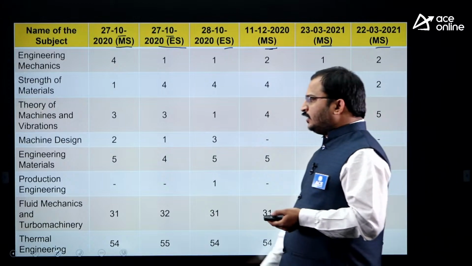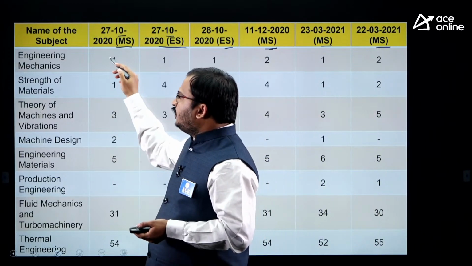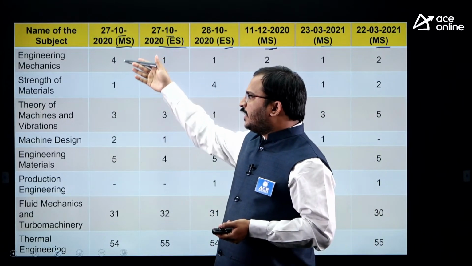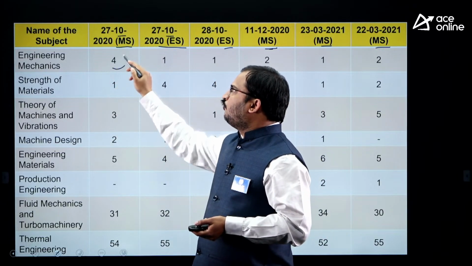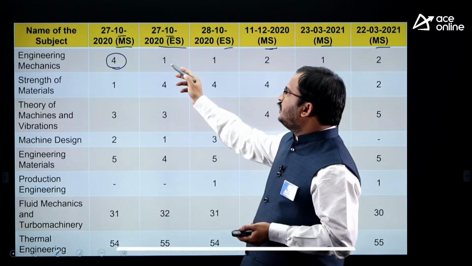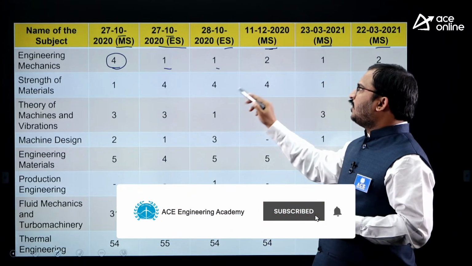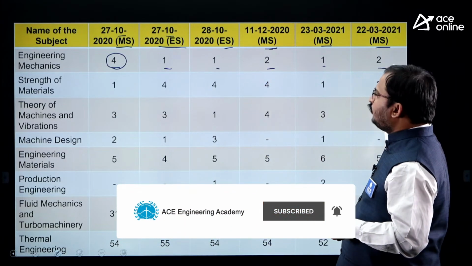Here you can observe the number of marks for each subject. For engineering mechanics, 4 marks came here, and here it is 1 mark, 1 mark, 2 marks, 1 mark and 2 marks.